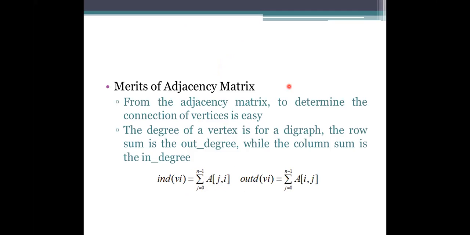So the column, as I said, what we are representing is the in degree, and the row what we are using for processing will be the out degree of that representation. Okay.